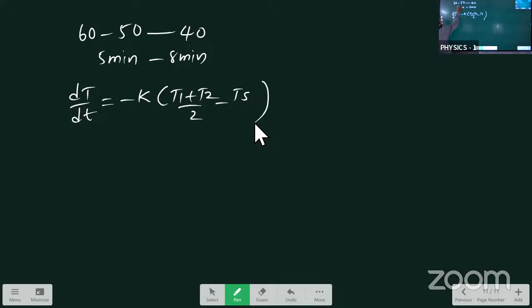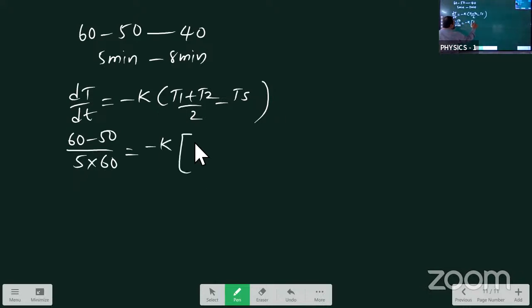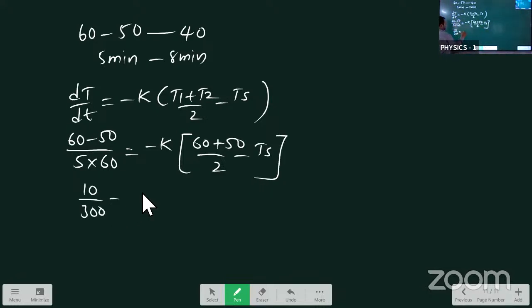Now see, first case, 60 to 50. How many minutes? 5 minutes. Average value, 10 over 300 equals minus k (55 minus Ts). Equation 1.